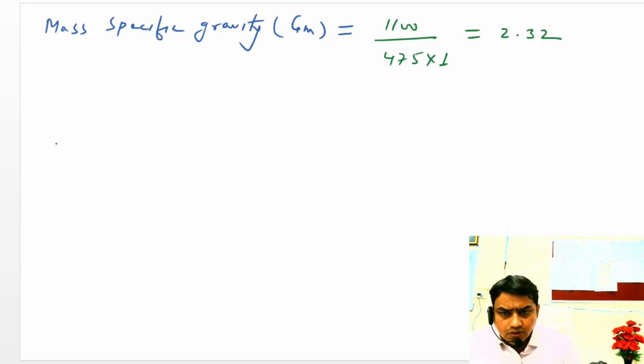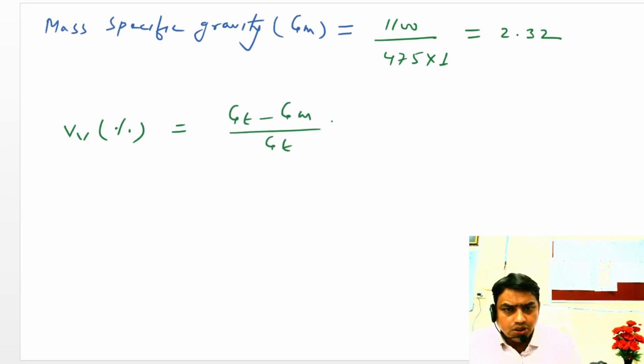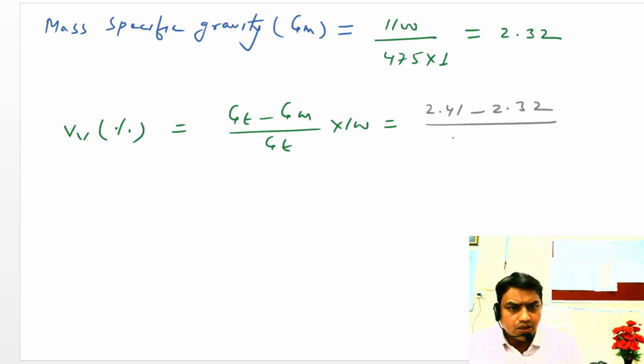So percentage air voids VV can be computed as, in percentage, equal to GT minus GM by GT into 100. So this value will be 2.41 minus 2.32 divided by 2.41, into 100.